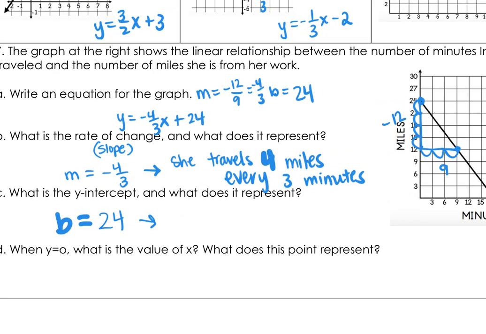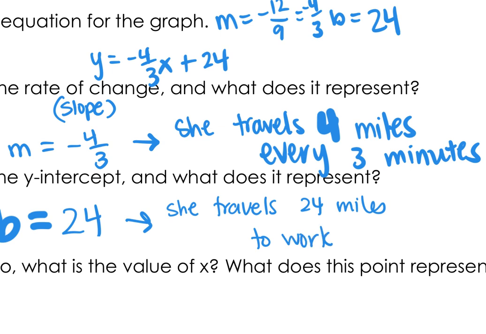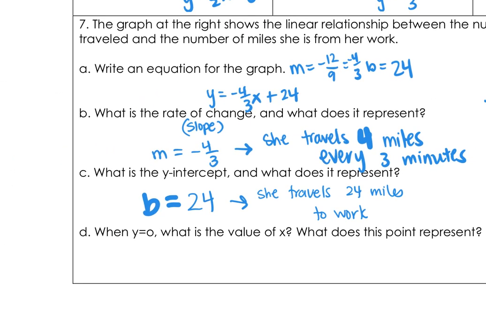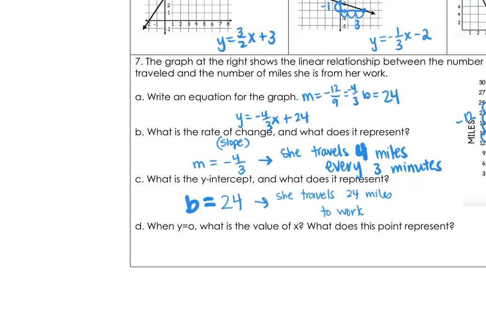Yeah, so she travels 24 miles to work, right? Or her home is 24 miles from work, whatever. That's how far she has to go, 24 miles. And she's traveling at 4 miles every 3 minutes.